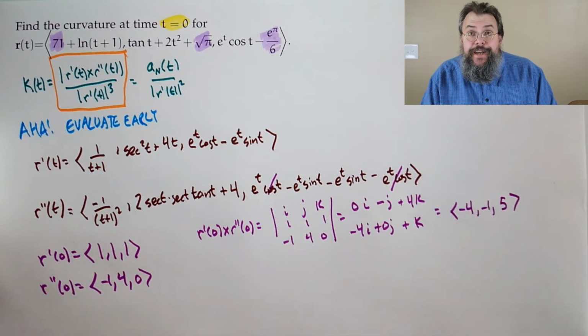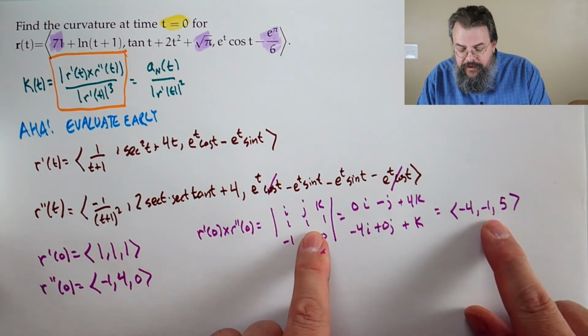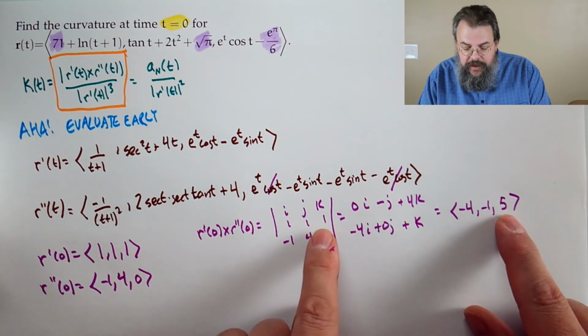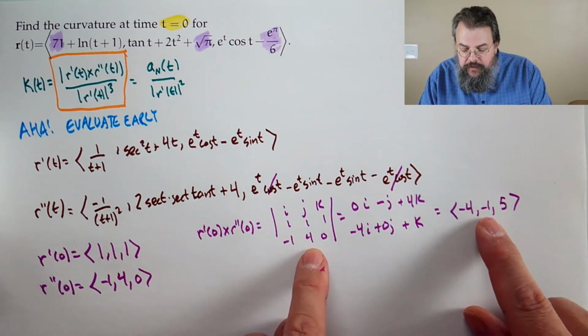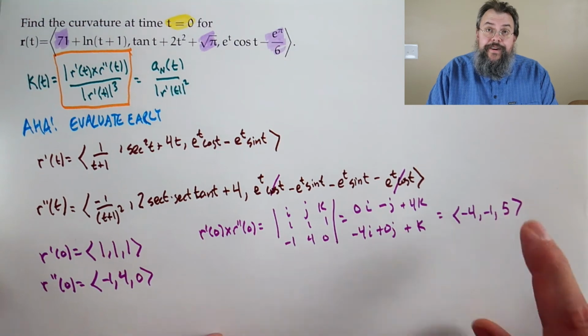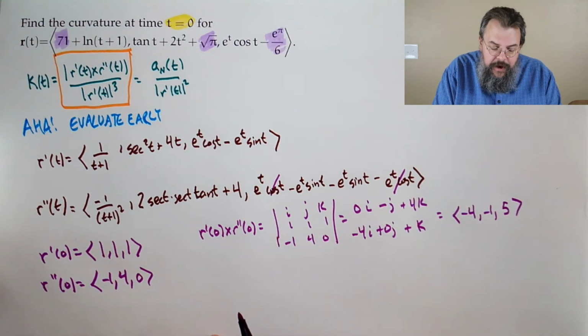All right, let's check. We should always check. Minus 4, minus 1, plus 5. That's 0. Good. Okay, so we're almost done. This is wonderful.